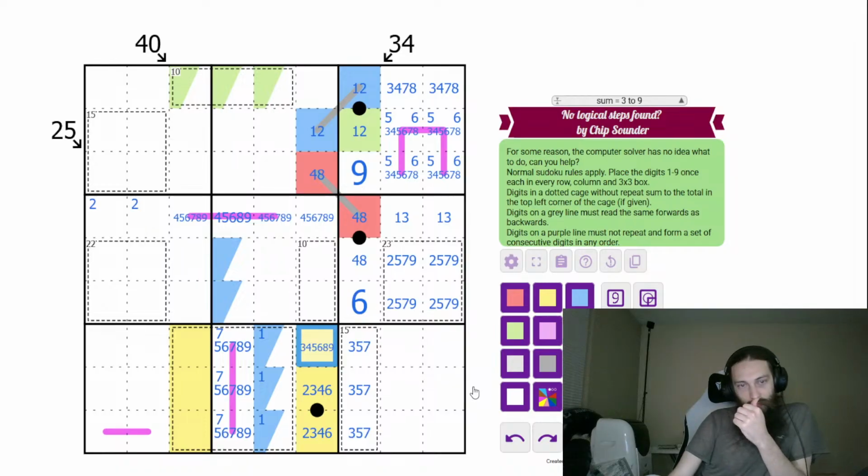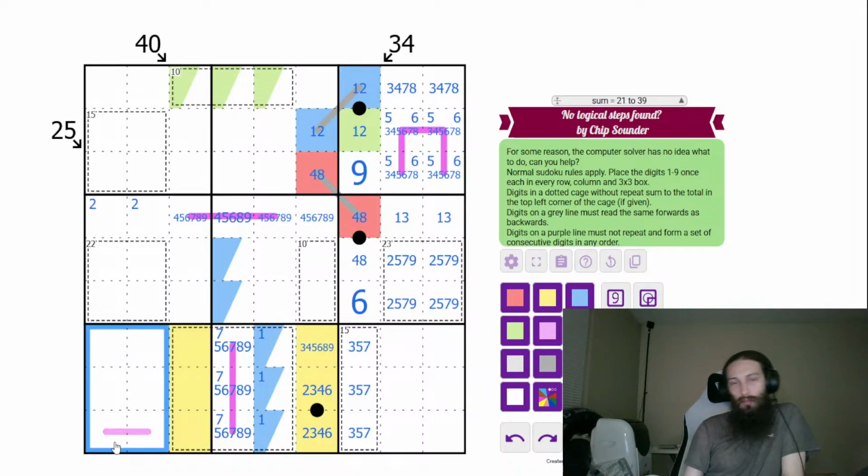This isn't a 7. It's not 1. It's not 2. So we have both 1 and 7 in these 6.